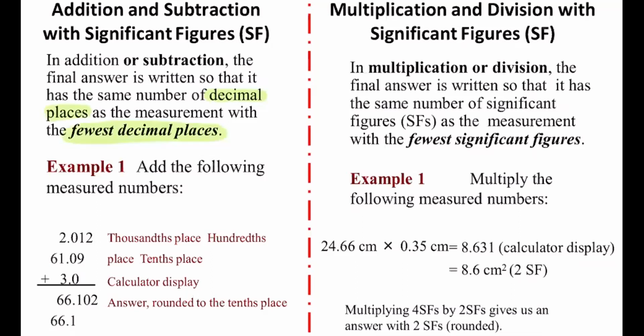The first one has 3 decimal places, 2 decimal places, 1 decimal place. The first value that we see here, this is our calculator display. Calculators don't know sig figs, okay? You need to remind yourself that I need to express my answer with the correct number of sig figs. So you're going to take your calculator display and round it to the correct number of decimal places, which here, the smallest number of decimal places is 1 decimal place.